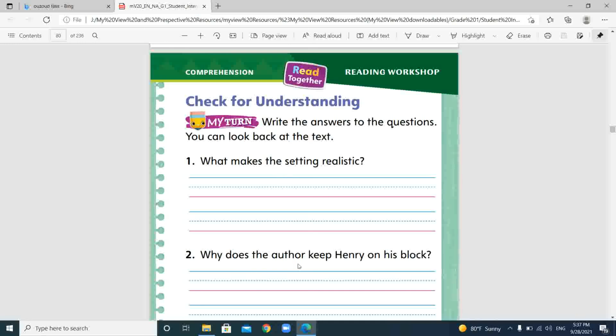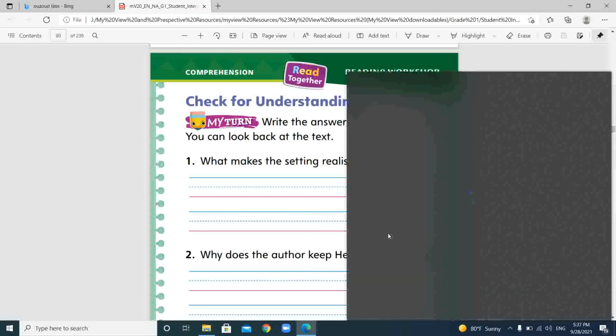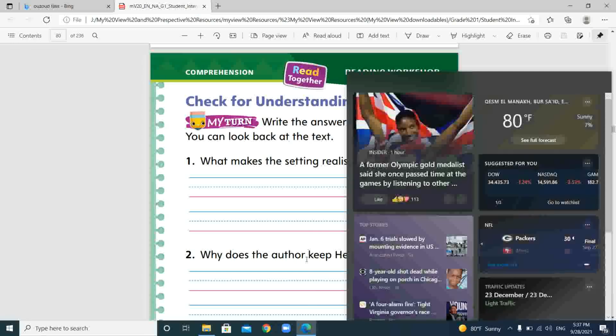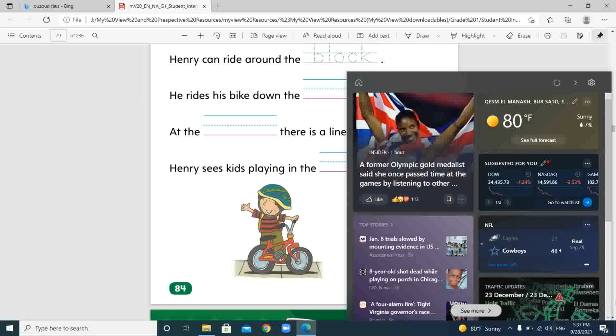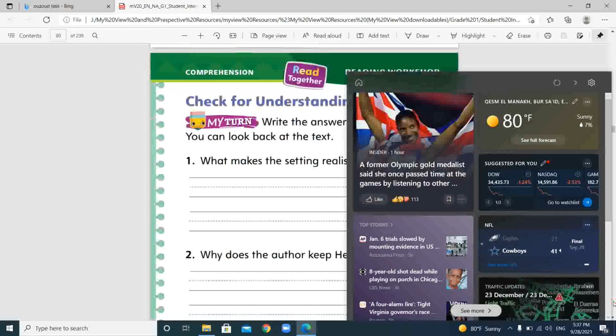Number 2, why does the author keep Henry on his block? There are many answers. Remember in the story when Henry's mom said, you must stay on the block?